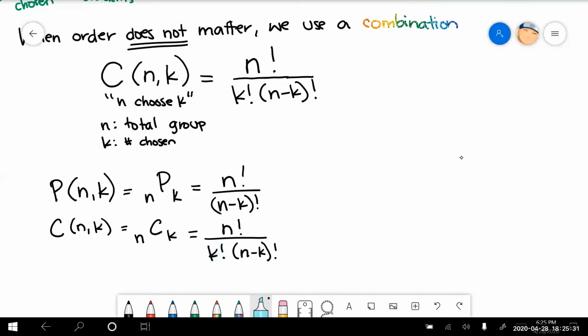Even though that feels like the only thing, the numbers were very different. For the last problem we had 3,000 for the number of horses that could be selected, whereas with this problem we had only 455. So even though it only looks like a K factorial is a difference, it actually makes a huge difference. So be careful with that.